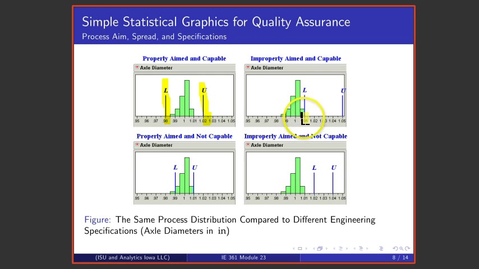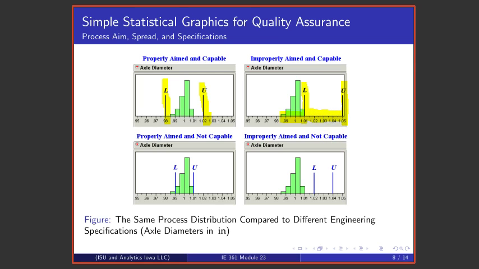In the upper right, there are the same specifications. It's the same picture left and right. It's the same histogram in all 4 cases, but in the upper right, that histogram is not in the proper place to meet these lower and upper specifications.